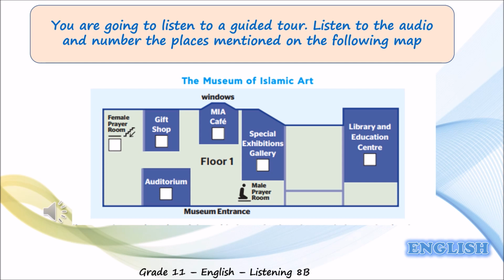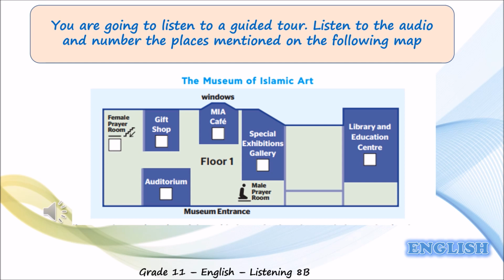Straight ahead of us, you will see the cafe. We will be coming back there after our tour, so there will be plenty of time to relax and have a bite to eat. The room positioned to the right of the cafe is the Special Exhibitions Gallery. They are presently working on installing a new exhibition, so unfortunately we won't be going in there today. To make it up to you, I have arranged for you to see a 20-minute documentary on Islamic architecture and art.